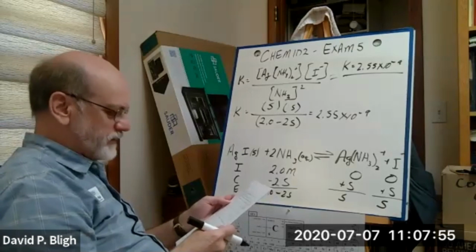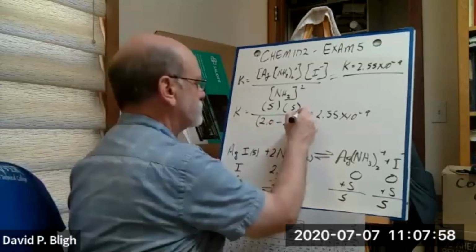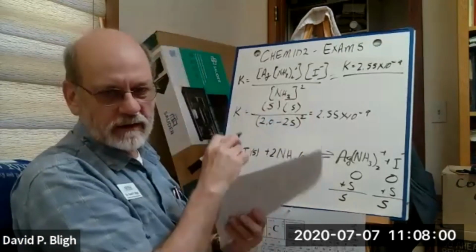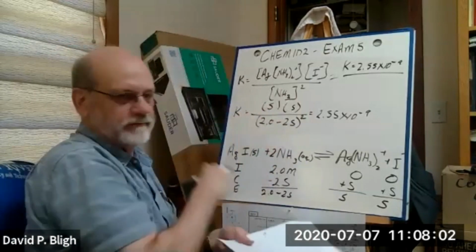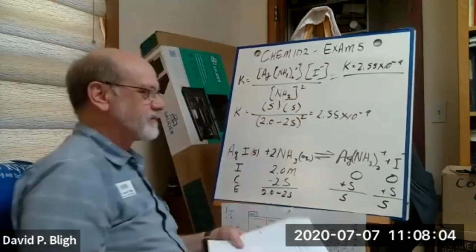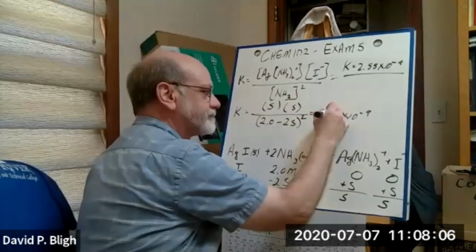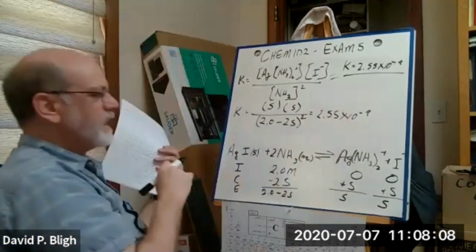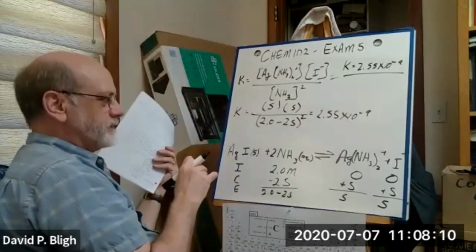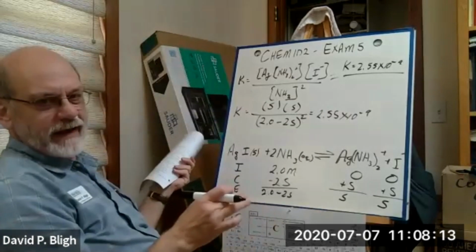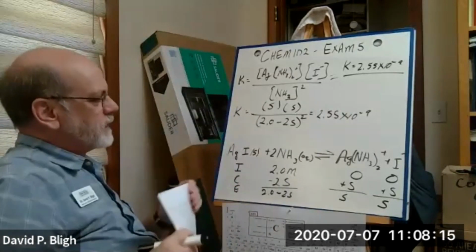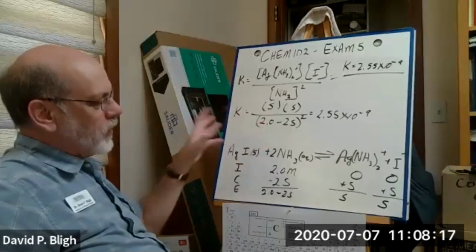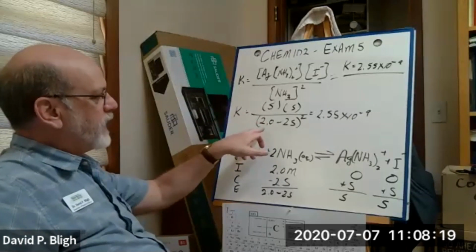Now the question is, oops, nobody called me on it. We've got to square that one. Right, square, square. Now we solve for S, but we don't want to have to use a quadratic. So the question is, is S going to be a small number compared to 2 molar?